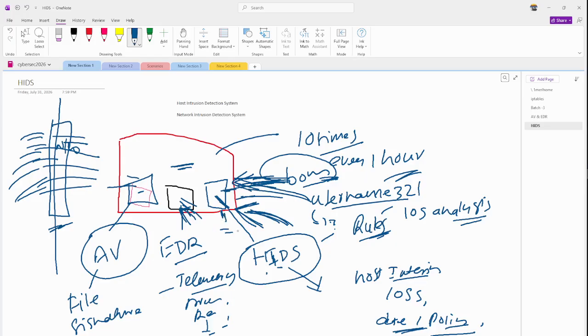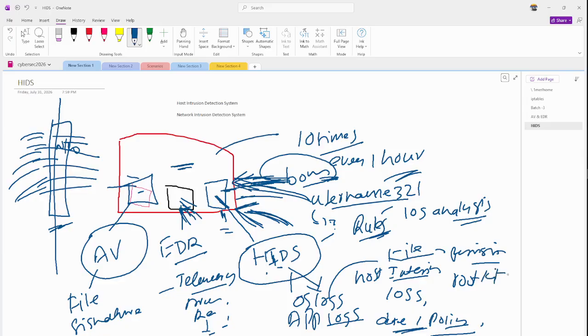Host means your local computer. So the scope is OS logs, application logs, any file or directory changes, permissions changing, or any rootkit being installed here. Rootkit means someone is attempting to modify kernel values. If somebody is modifying the kernel, EDR will detect.